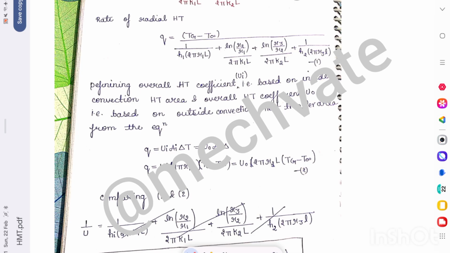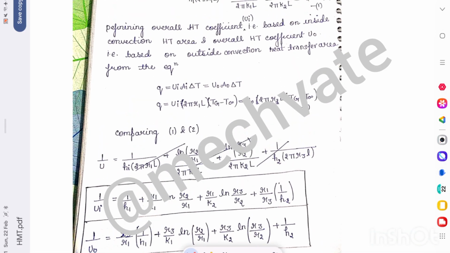So Q is U i A i delta T, U naught A naught delta T, and we can write the formula U i 2 pi R1 L (Tg minus T infinity) or U naught 2 pi R2 L (Tg minus T infinity).